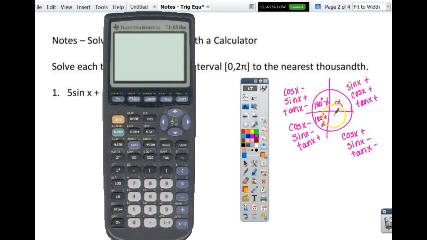And to get in this quadrant, I'm going to use 360 minus the reference angle. So it's minus, plus, minus.